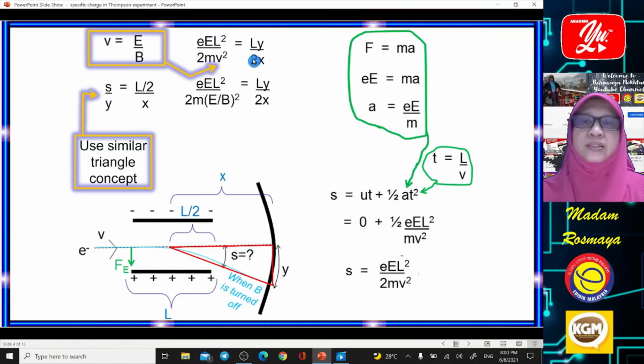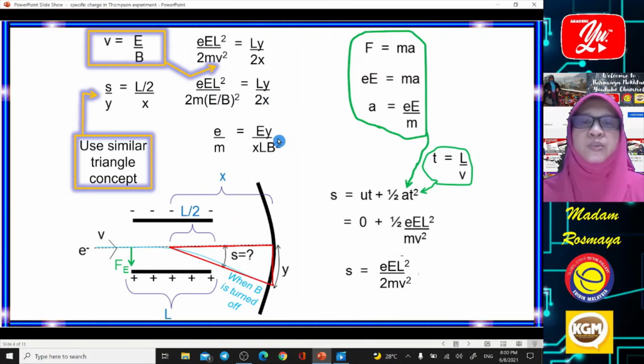So we get this. Then we also substitute v equals E per B into the equation here. So we get this, and we simplify this equation so that we can get e per m. So e per m equals, the rest of the variables we bring to the right side.